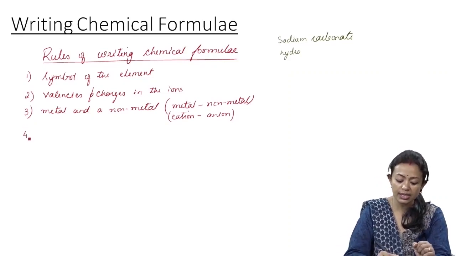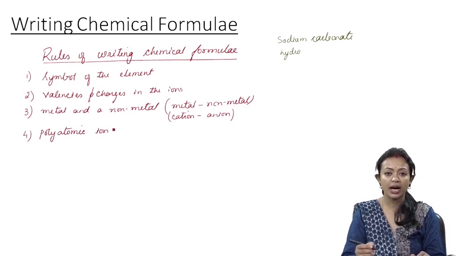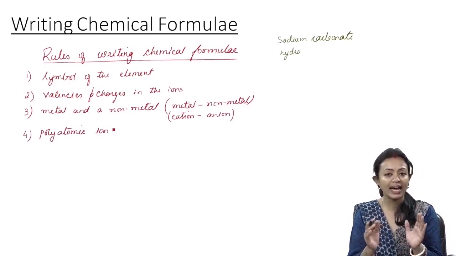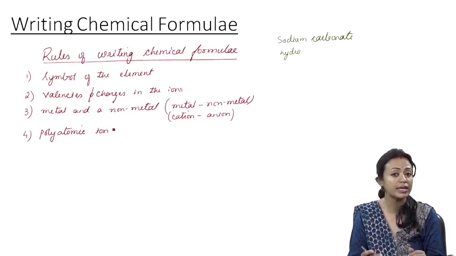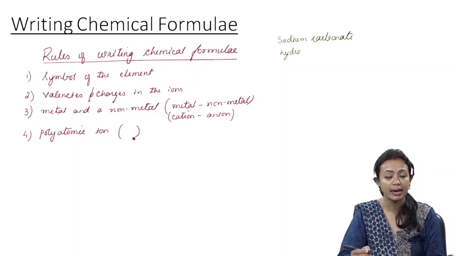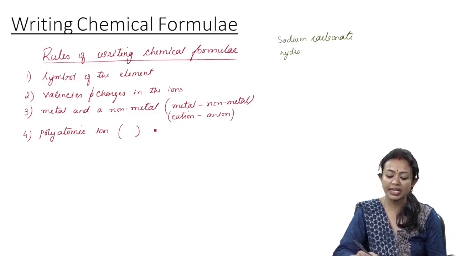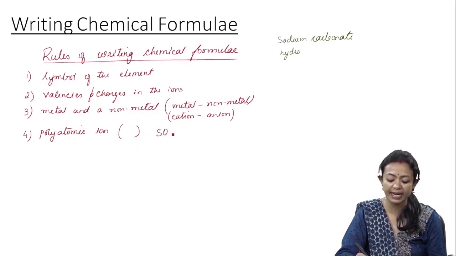The fourth is, in case we have a polyatomic ion, we are going to write down the polyatomic ion together and put it in a bracket. That means a polyatomic ion should always be written in a bracket and then the charge should be put up. So in case I am writing sulfide, then it is 2 minus.